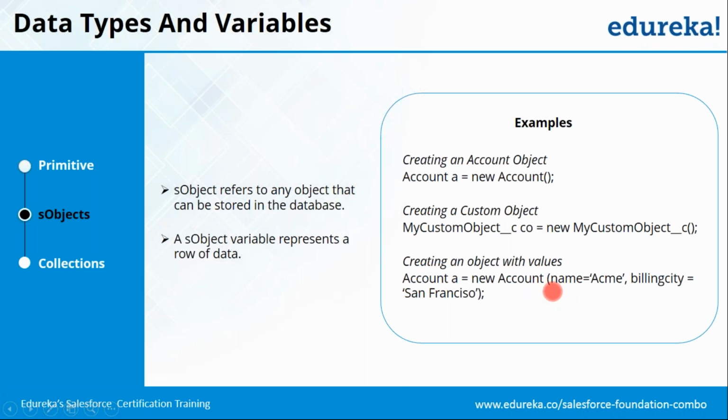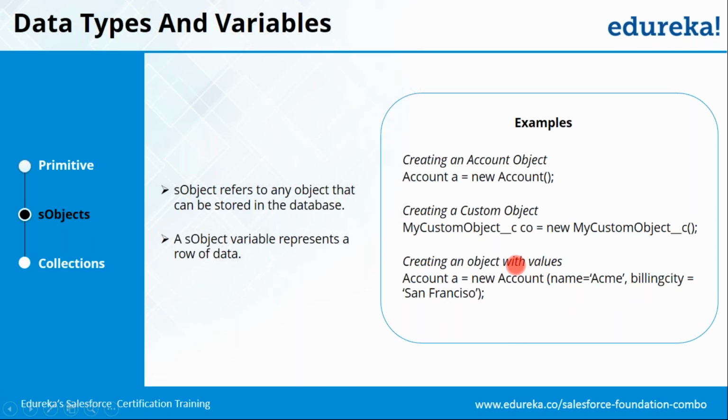If I'm not wrong, in the object called account there's no first name, last name. Since account refers to companies, there will be only one field, that is name. And when we say name is equal to, in single inverted commas, Acme, it means that this company name will be added, and the billing city will be added as San Francisco.